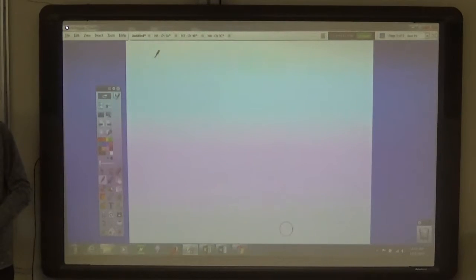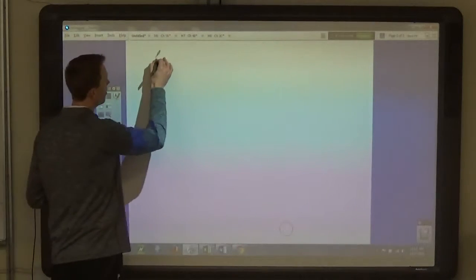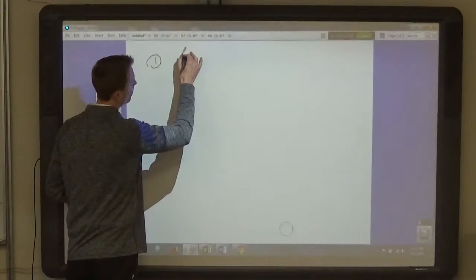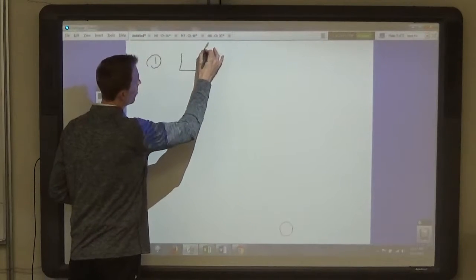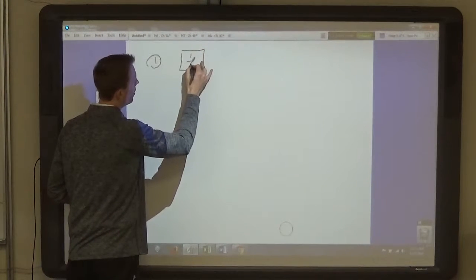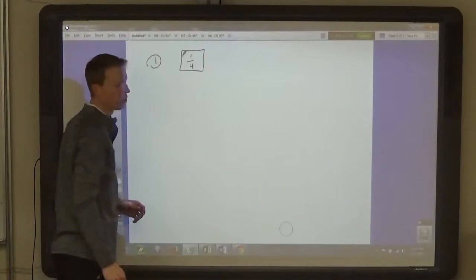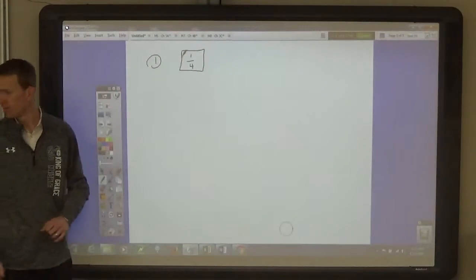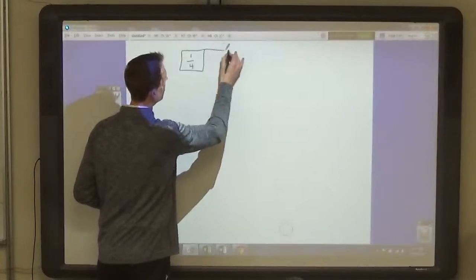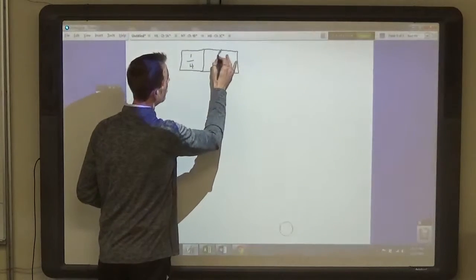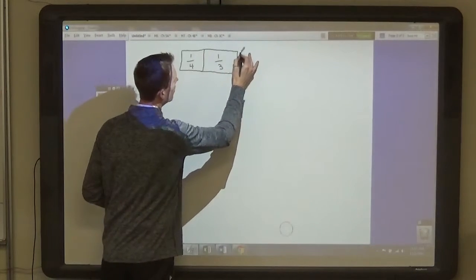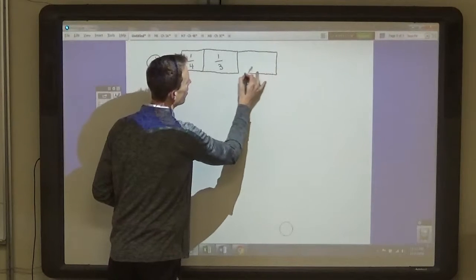Number 1 gives you the fraction bar 1/4 plus 2/3. And it shows it like this. This is another way to show it. 1/4 plus 2/3. This is 1/3, and this is another 1/3.